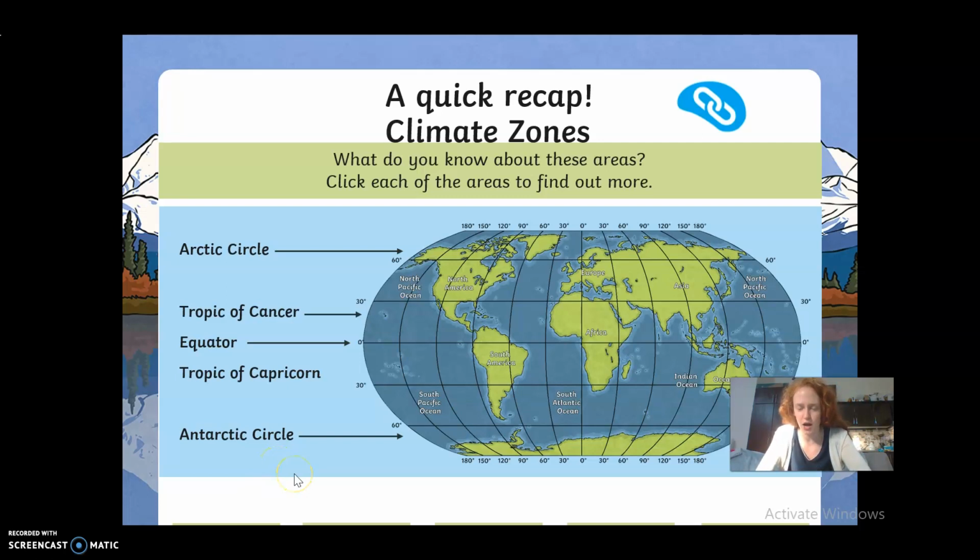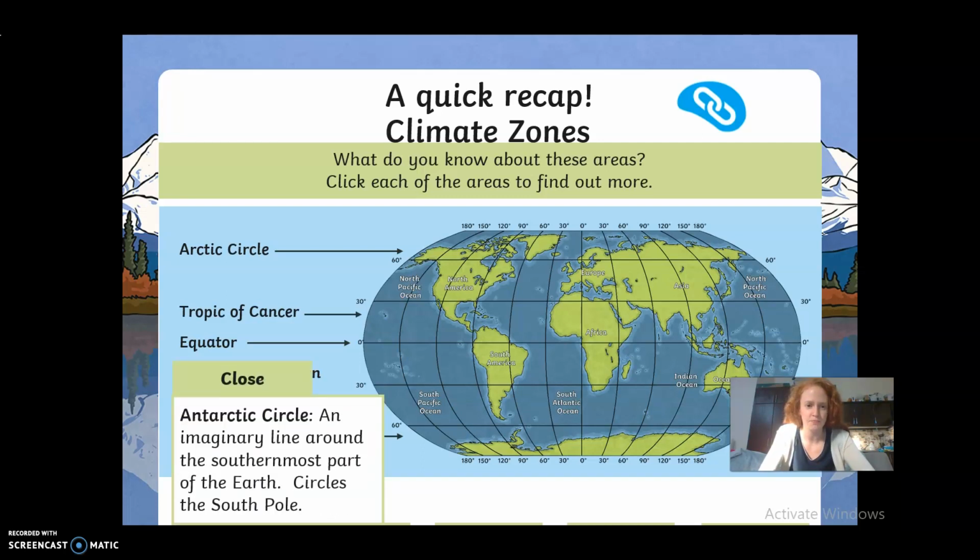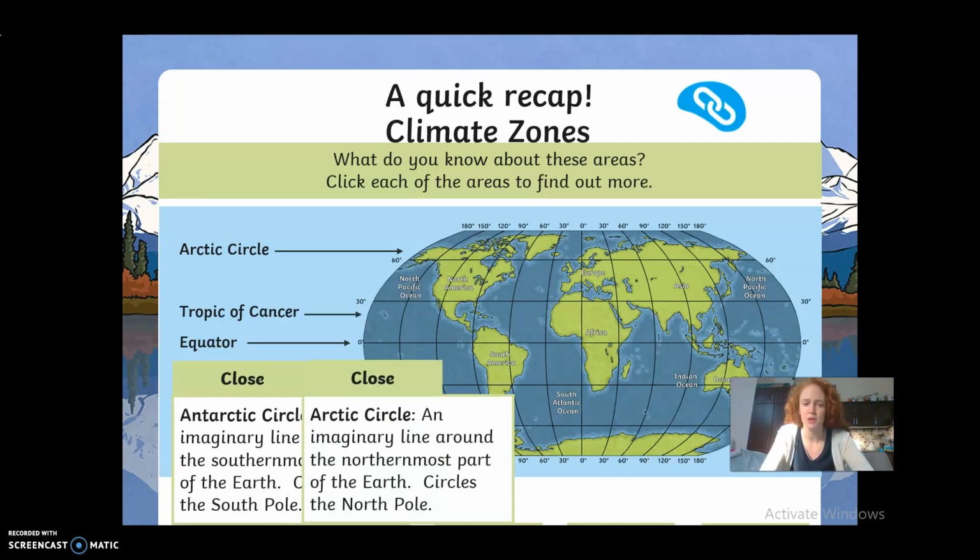Right, if you want to go into details here, you can always click on the bottom, okay? So what is an Antarctic Circle? It's an imaginary line around the southernmost part of the Earth, okay? It circles the South Pole. Just a little bit more information on each. What is Arctic Circle? It's an imaginary line that circles the northernmost part of the Earth.